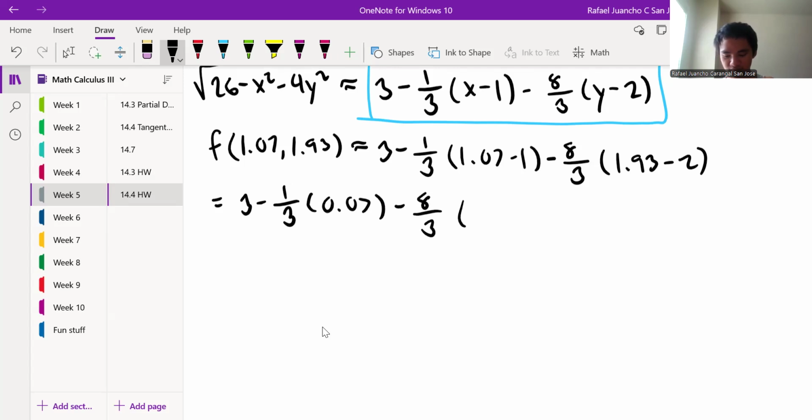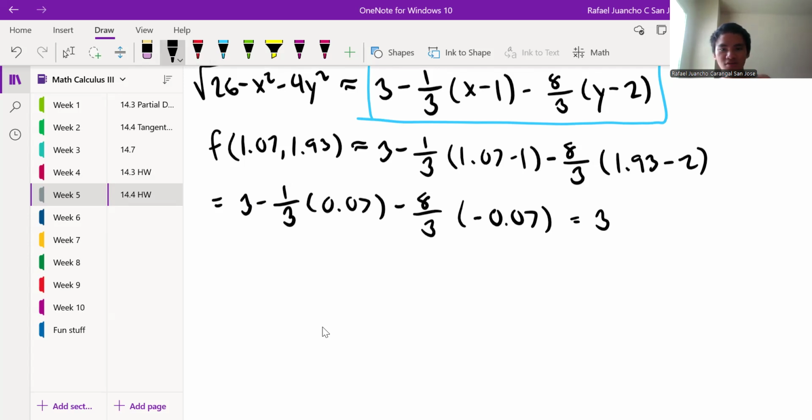1/3, this is negative 0.07. This is 3 minus 0.07 over 3. Okay, wait.